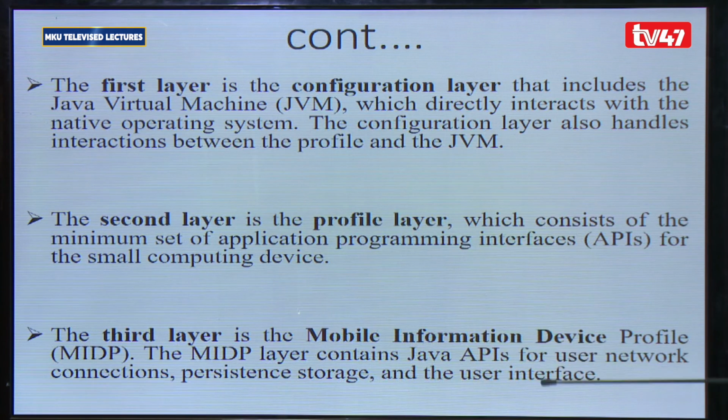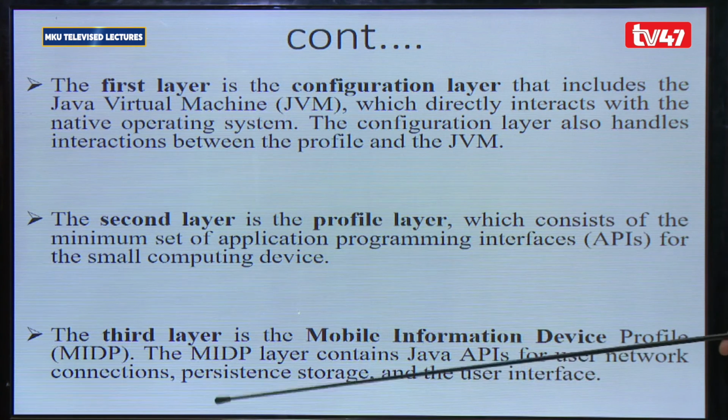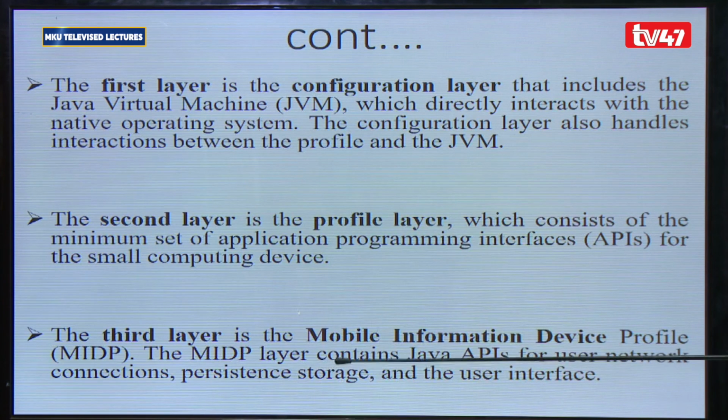So something to remember on the basic requirements: you have to have network connections, persistent storage. You remember when we were talking about volatile and non-volatile memory. And the user interface. Whenever you hear about the user interface, the unit that should come to your mind is human-computer interaction, because the recipients of our units are humans. So that should take you there.